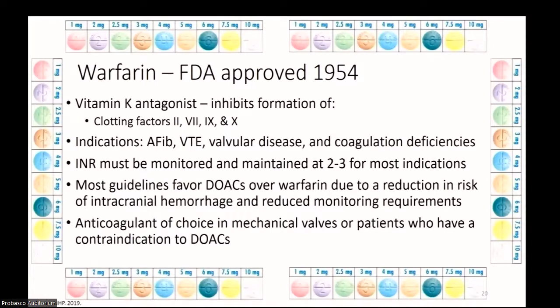We have to monitor INR. It is maintained at 2 to 3 for most indications. However, now most guidelines favor DOACs over warfarin due to the reduction in risk of intracranial hemorrhage and reduced monitoring requirements. However, it does still remain the anticoagulant of choice in mechanical valves or patients who have contraindications to DOACs or coagulation deficiencies.